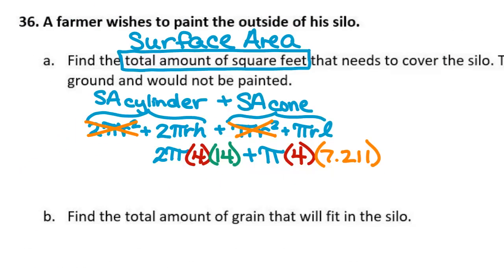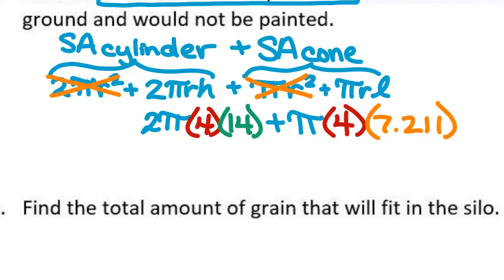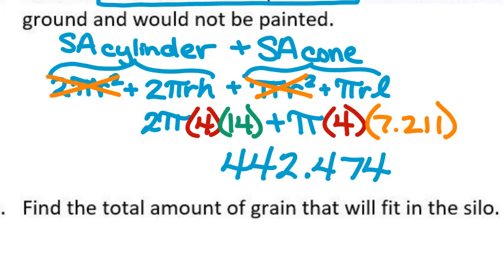So that's what we're going to substitute in over here. 7.211. And then I take that whole thing and I pop it into my calculator. All of this here. What do we get? $442.474.